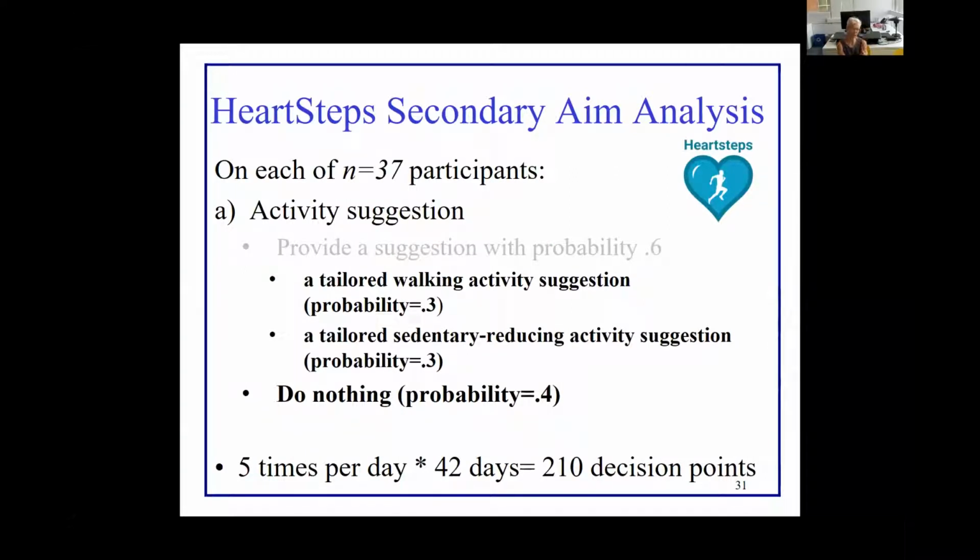So it turns out Heart Steps is a very interesting study because we actually had 2 variants of the contextually tailored activity suggestion. The first variant was a walking activity suggestion, and this took about 3 minutes to enact. It's a little bit of a burdensome suggestion because you are being interrupted in your daily life.